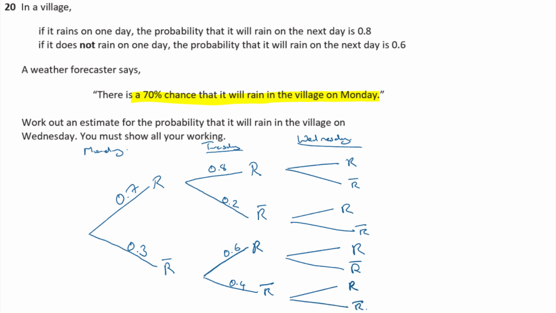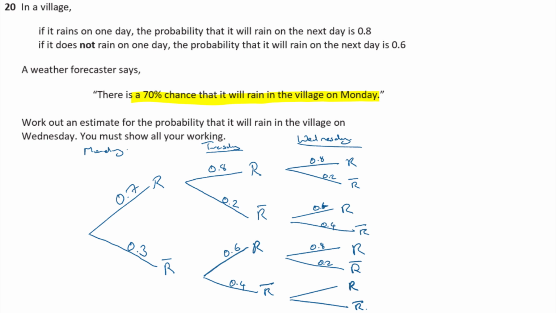Okay, and then the probability of that depends on if it rained or not rained the day before. If it rained the day before, it's 0.8, so 0.8 and 0.2 on that branch, and also on this one here, 0.8 and 0.2. And then on the other branches where it didn't rain the day before, it's going to be 0.6 and 0.4. So 0.6 there, 0.4 there.